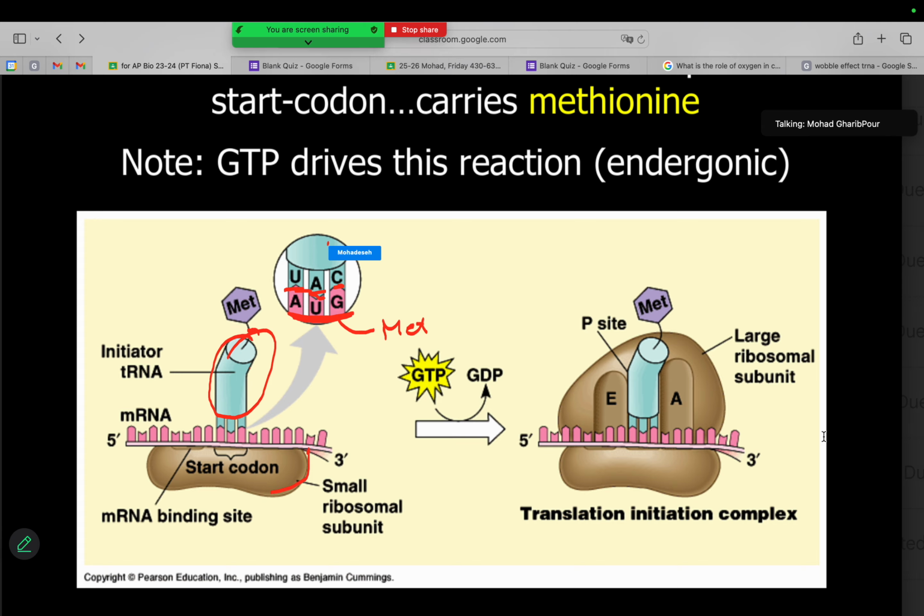This tRNA has methionine attached. It comes and finds the start codon. As soon as that happens, the large subunit comes, recognizes this, and then binds to it. This is driven by GTP.